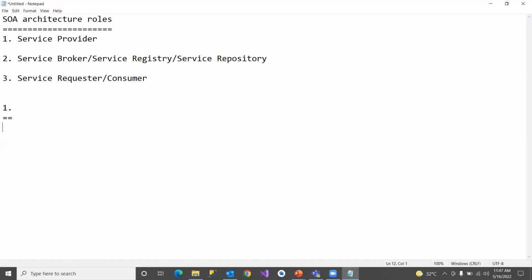And this role also determines the service category and whether there need to be any trading agreements.